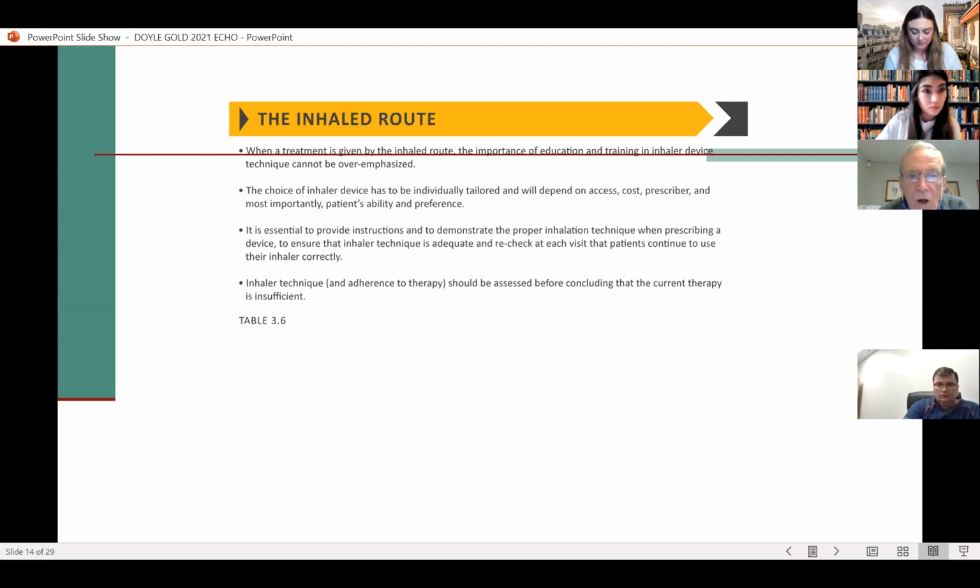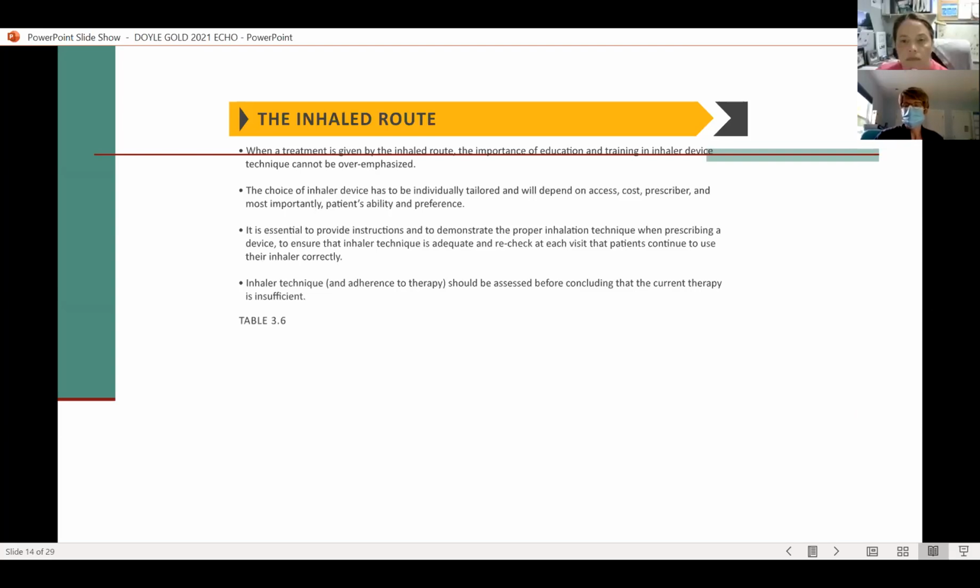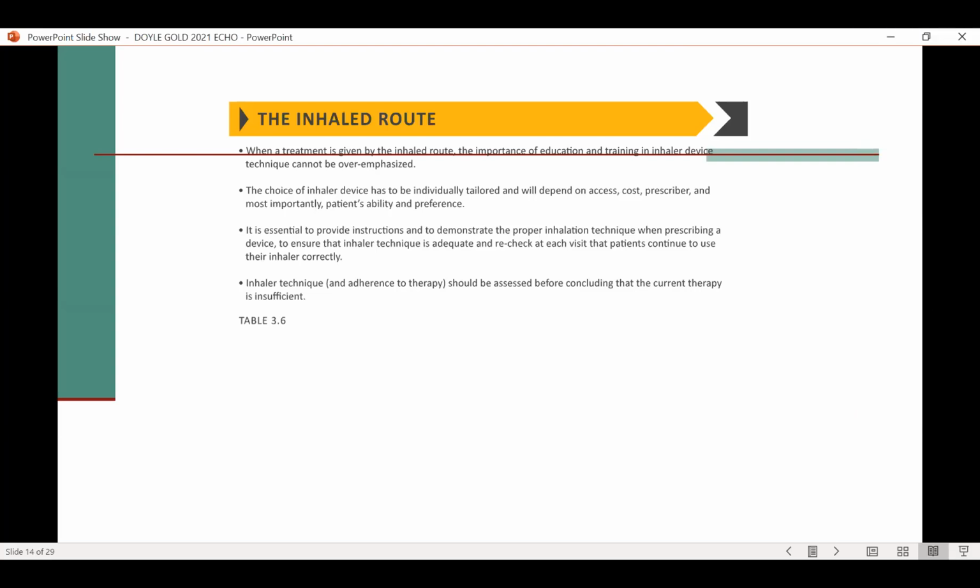So what this is talking about is what we all know, how important it is to teach people to use their inhaler. If you look at the second bullet, Lisa Emery, it says the choice of inhaler device has to be individually tailored, and it will depend on access, cost, prescriber, and most importantly, patient ability and preference. And I'm happy to announce that Lisa Emery has agreed to do an Echo session this year.